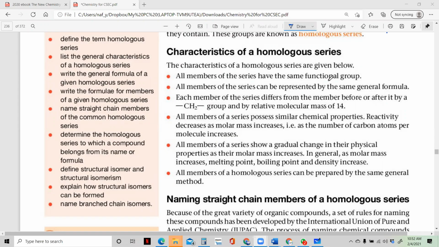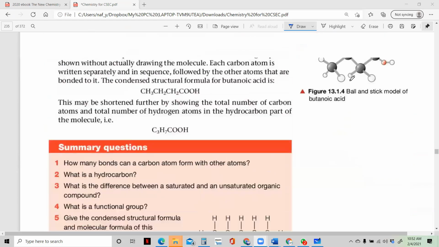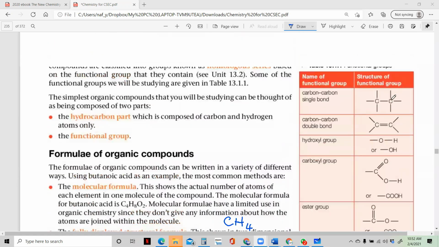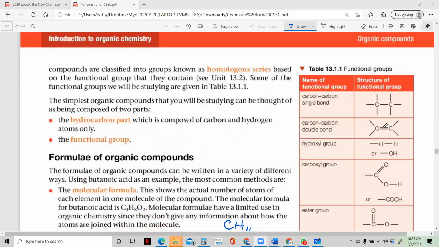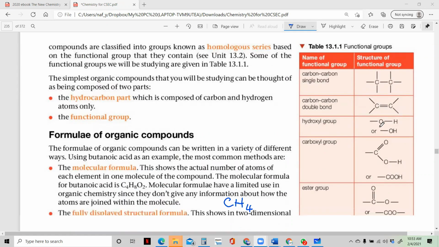So you have the same trait. There's a particular trait you have and everybody has it. That's your functional group. So if all of them have a double bond, you're in the same homologous series. Members in the same homologous series will have the same functional group.